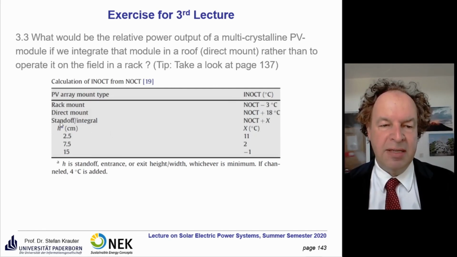In contrast to that, if we integrate it on a roof mount, direct mount, then we would have 18 degrees more. That means we would have a higher operating temperature, less voltage, and less power output.